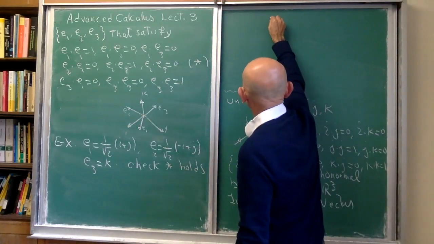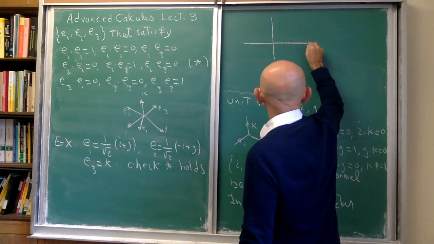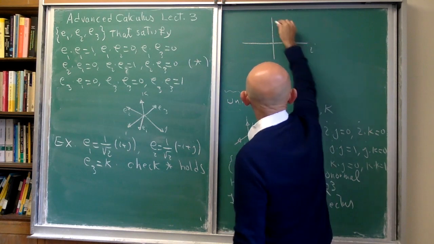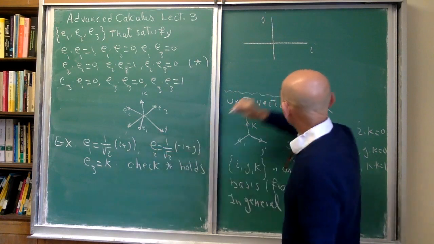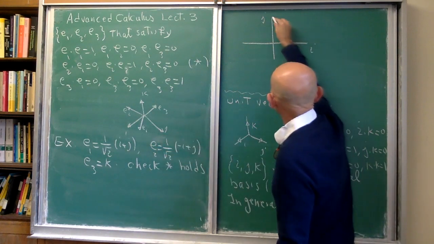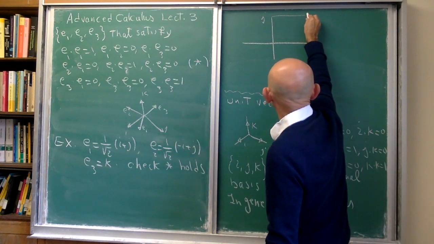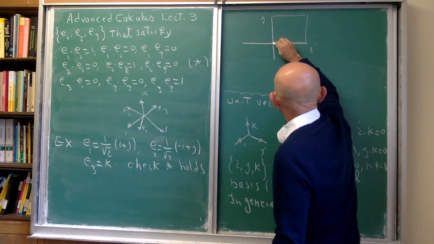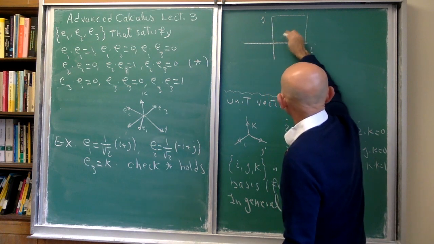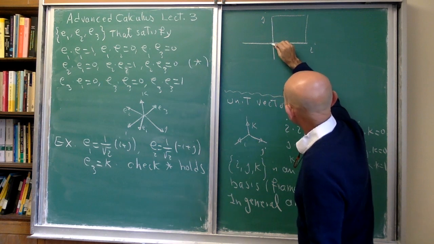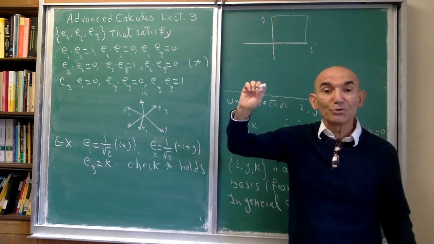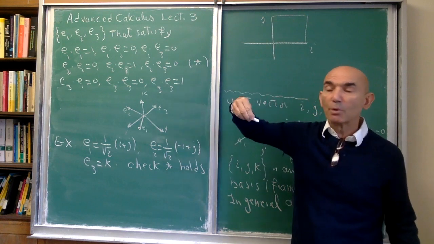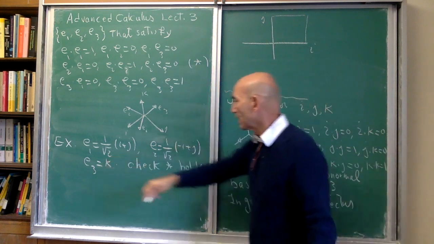So the vectors in the ij plane, ij. Now this E1, E2 is like this. You draw this, and then E1 is a unit vector in this direction. If I draw a vector from this corner to that corner, it's going to have length root 2 by Pythagoras. So you divide by root 2. That's what we did, right?